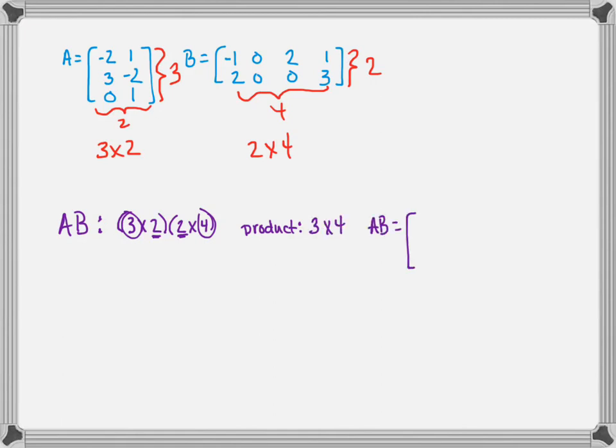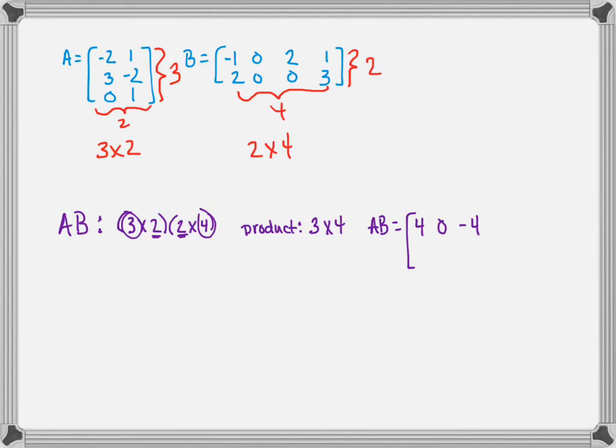And we can find the product by taking each row in matrix A and multiplying it by each column in matrix B. So negative 2 times negative 1 plus 1 times 2 is 4. Negative 2 times 0 plus 1 times 0 is 0. Negative 2 times 2 plus 1 times 0 is negative 4.